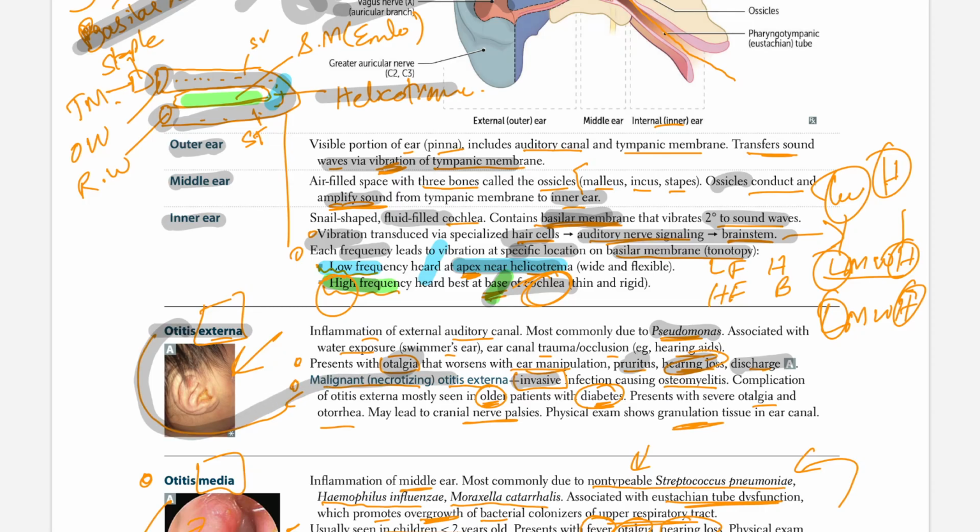It's an invasive infection with osteomyelitis, and in patients specifically with diabetes, they can go into this necrotizing otitis externa. That can also lead to cranial palsies, high yield. You will see granulation tissue in the ear canal. You see granulation tissue, you're going to think of malignant necrotizing otitis externa.